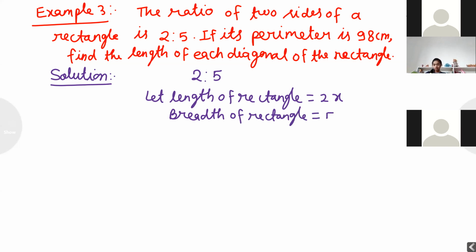Why are we taking x here? Because he has given in ratio form. If they have given ratio form, always I want to assume x. Now length I have assumed 2x, breadth is 5x.